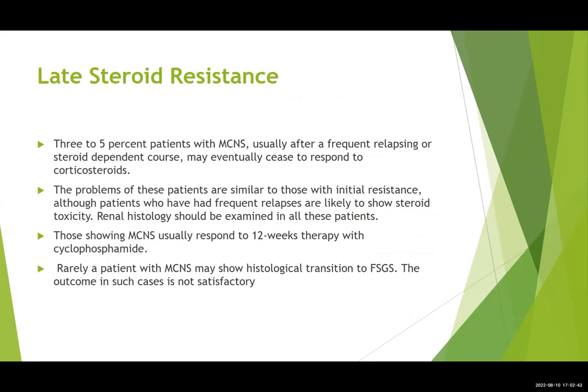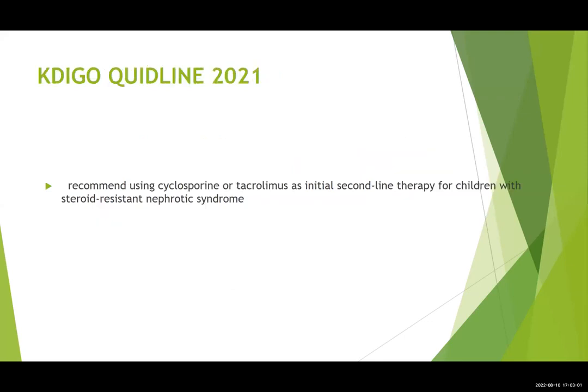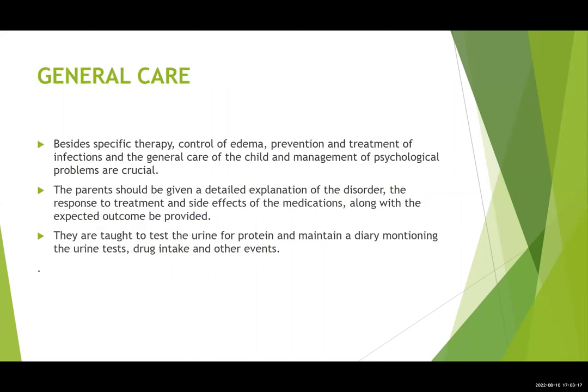We say it is late steroid resistant and we consider it as resistant and do the same as for initial resistant, and prognosis is usually not favorable, and this patient usually needs a renal biopsy. For steroid resistant, the clinical guideline recommends using calcineurin inhibitors as the initial treatment for children with steroid resistant nephrotic syndrome.